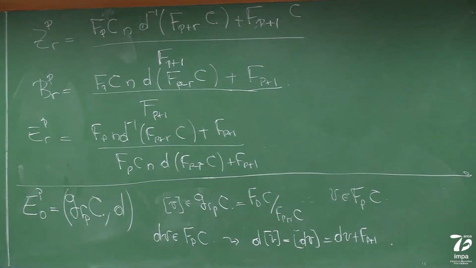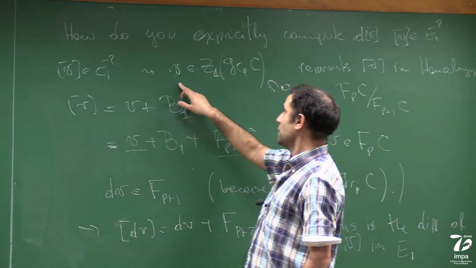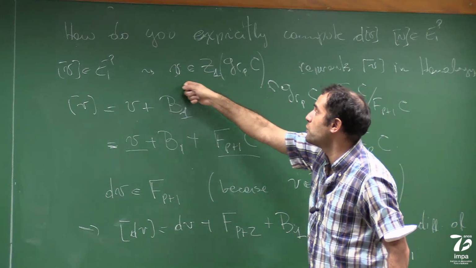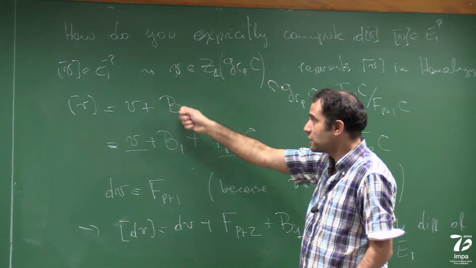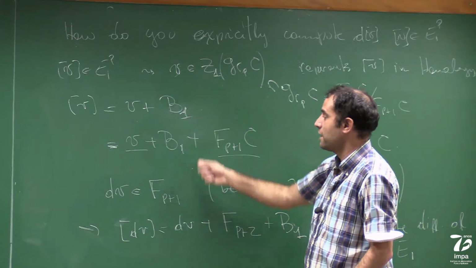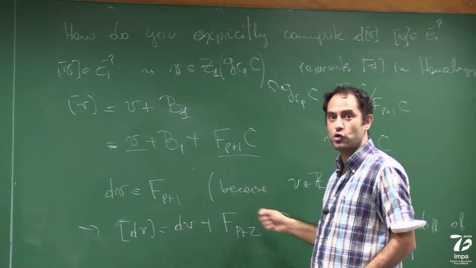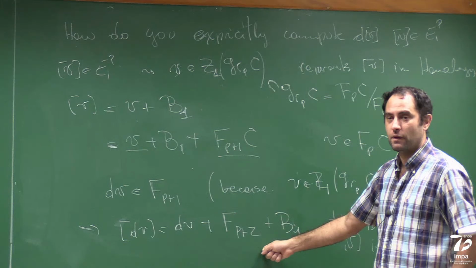So you computed that homology already, and now you grab your element V in E1, it's in the homology of your filtered complex. Well, it is in the kernel of the differential, so you can represent it by something in your original complex. When you apply D to that guy, you land deeper in the filtration by 1. So now you look at that term, something in FP+1, modulo FP+2.